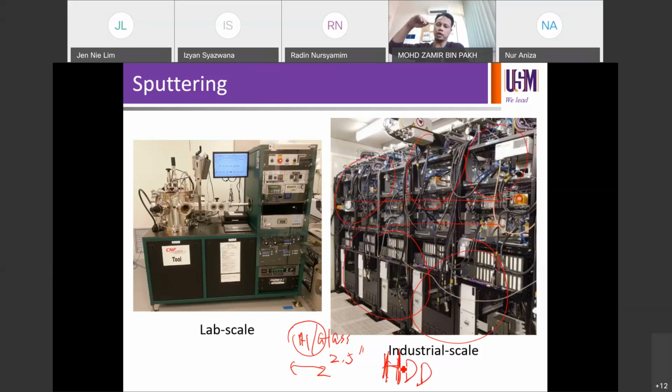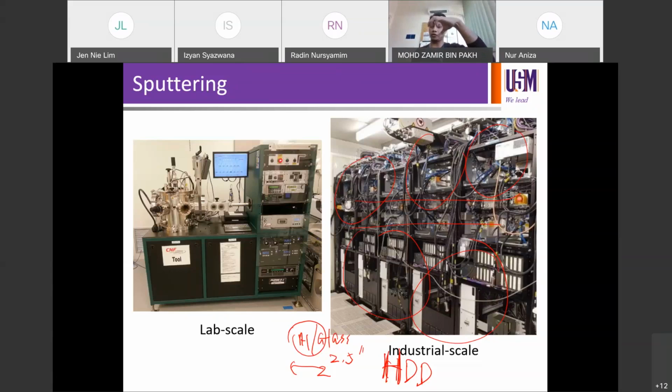Just imagine the process: step 1 will be deposition 1 done, then chamber 2, chamber 3. If your hard disk drive is broken, you can try to open the drive, and you will finally find a disk inside, either aluminium or glass.